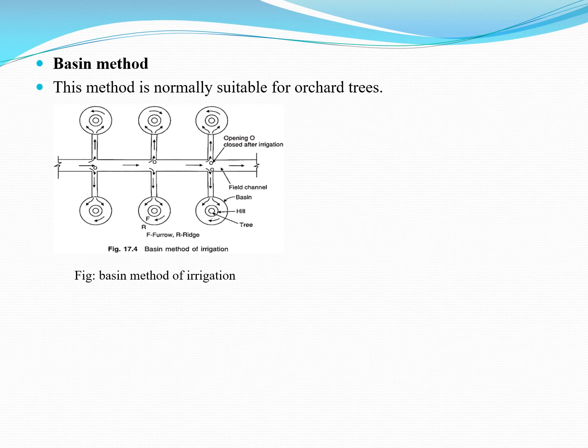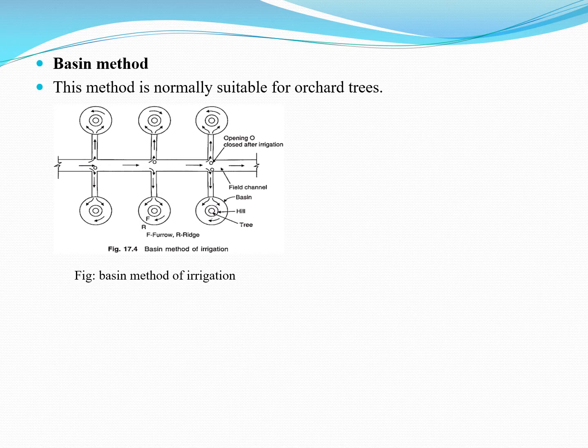Okay, this is the figure here, which shows the basin method of irrigation. In that, the basins are excavated for each and every tree. These are the basins excavated here, and after that, these basins are filled with water.